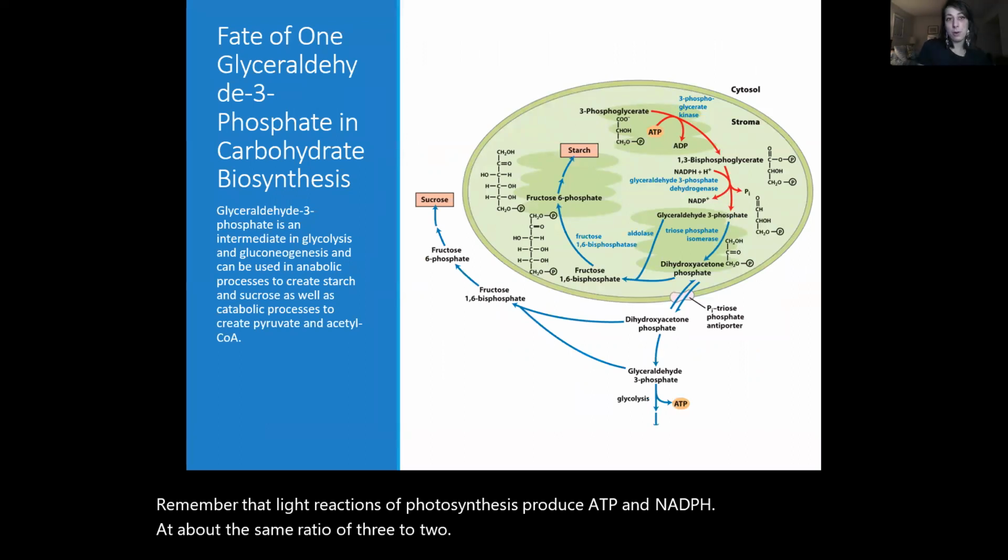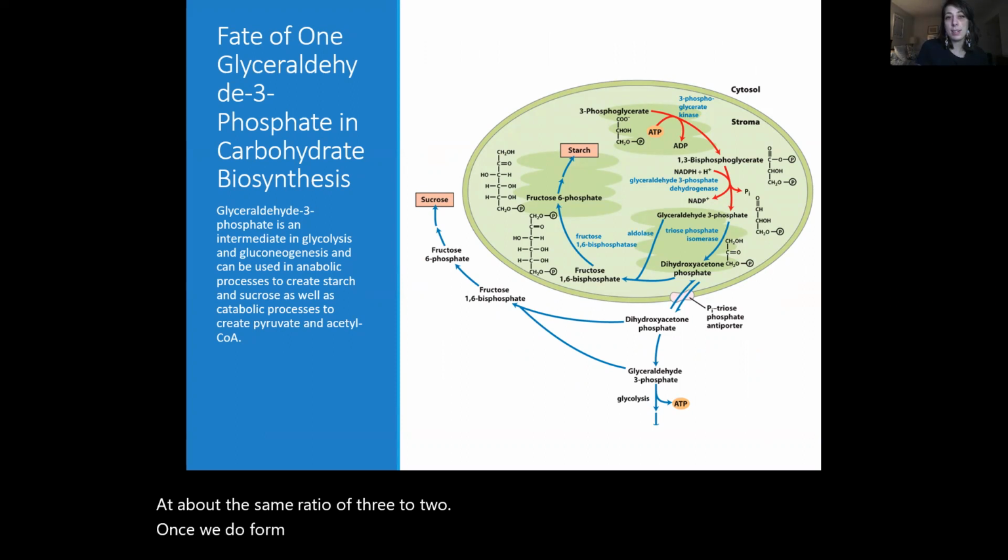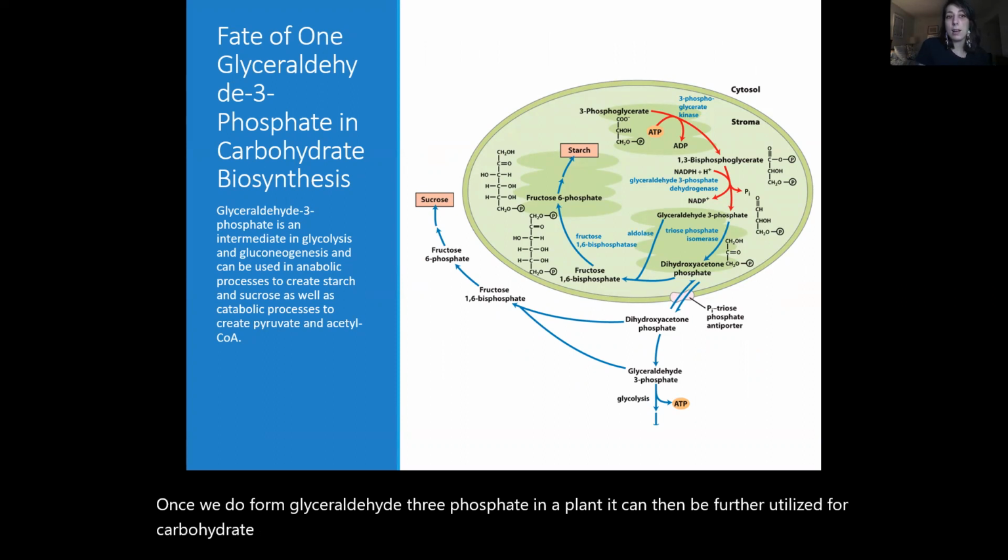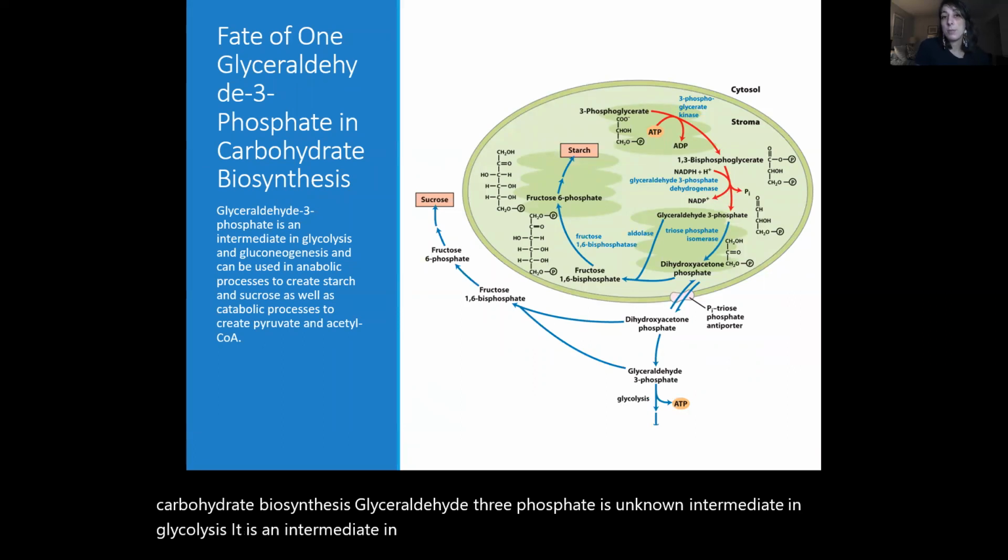Once we do form glyceraldehyde 3-phosphate in a plant, it can then be further utilized for carbohydrate biosynthesis. Glyceraldehyde 3-phosphate is a known intermediate in glycolysis. It is an intermediate in gluconeogenesis, so it can be used to build glucose by going backwards.